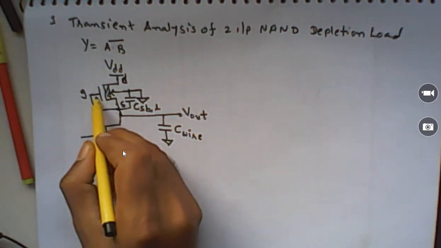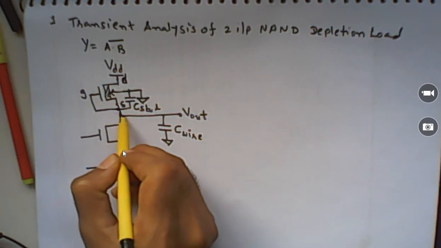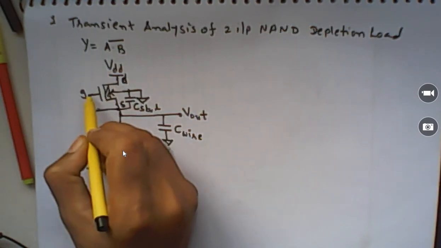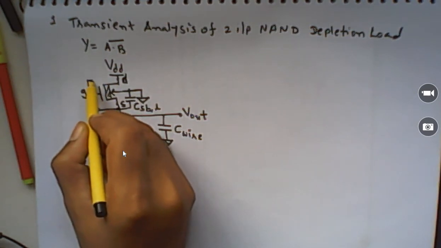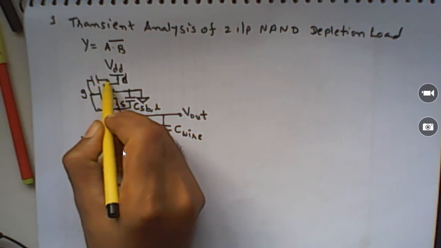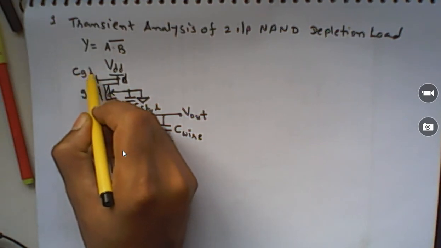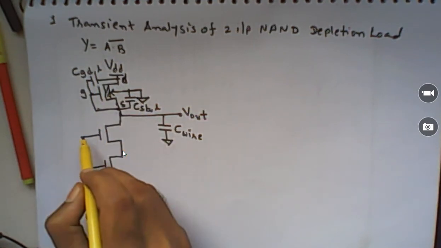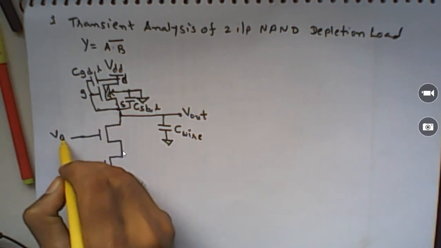Another capacitance: the gate terminal of the load device is connected at the output node, and this is VDD. In any AC analysis VDD is grounded, so the capacitance formed is between the gate and the drain terminal of the load. Then there are capacitors for the input A and input B driver MOSFETs.